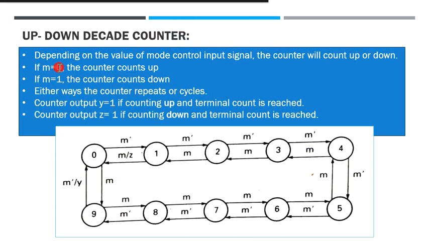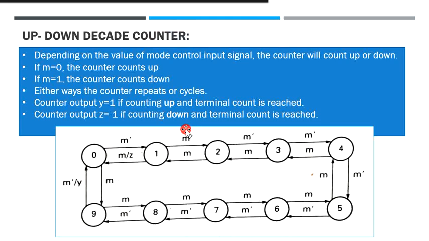The counter output y will be equal to 1 if it is counting upwards and the terminal count is reached, whereas the other variable z corresponds to the counter output if the counting down operation results in the terminal count being reached.